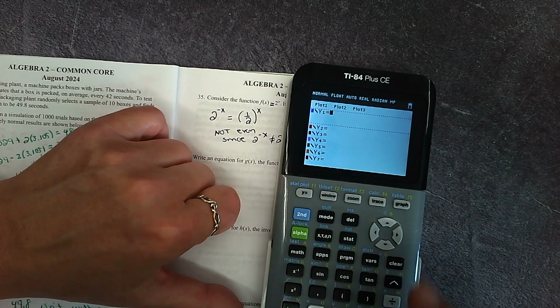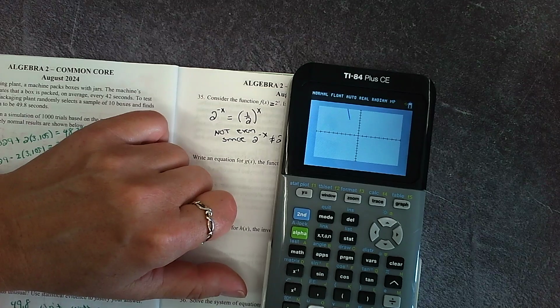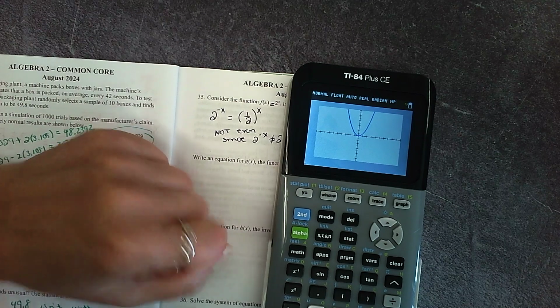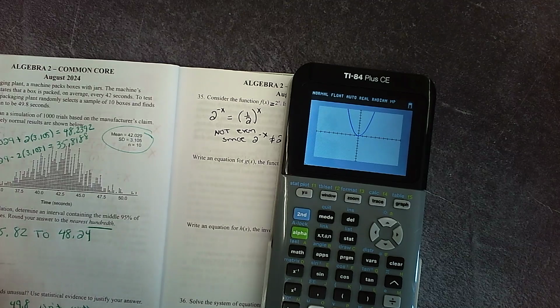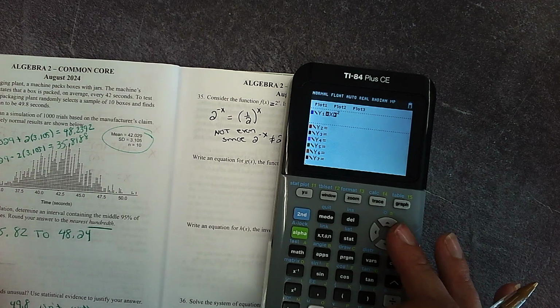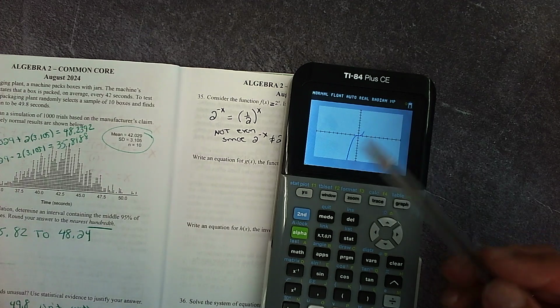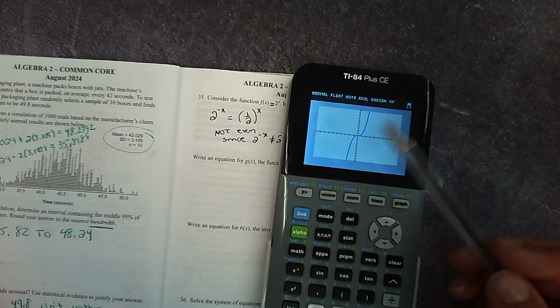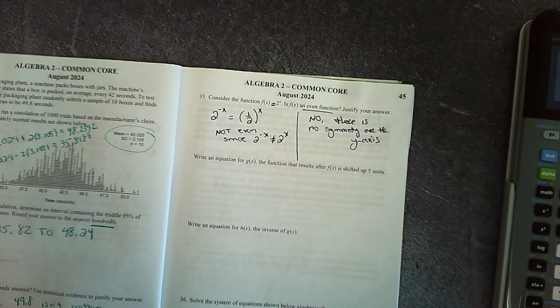If you typed in x squared and looked at the graph, that's an even function because if you folded it, it matches up on both sides. An odd function has symmetry over the origin. That's the difference: odd is origin, and even is symmetry over the y-axis.